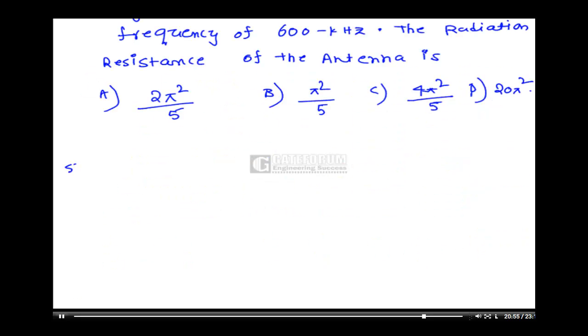The solution to this problem is very simple. Here the length is given as 50 meters.